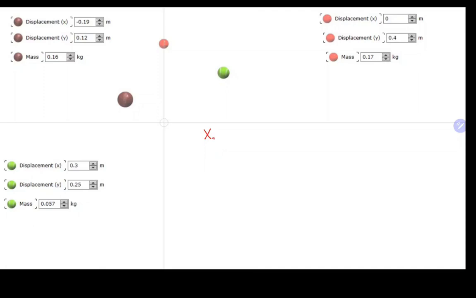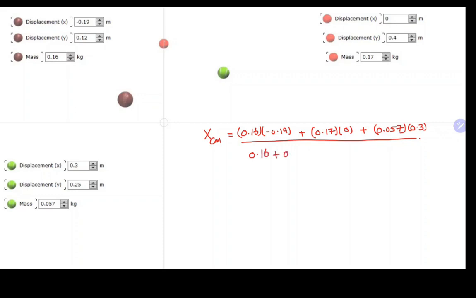So x center of mass in this case equals m1, 0.16, times its x position, minus 0.19, plus m2, 0.17, times its x position, 0, plus 0.057 times its x position, 0.3, divided by m1, 0.16, plus 0.17 plus 0.057. You do the math, you will find the x center of mass position.